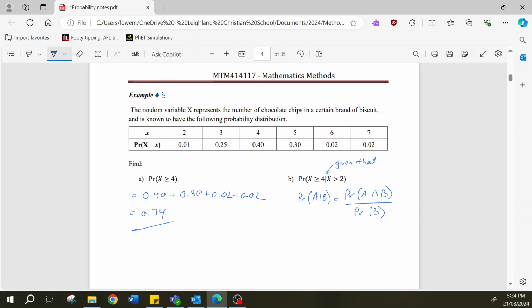So what does it mean when we apply it to this? Essentially, the probability that x is greater than or equal to 4 given that x is greater than 2 means we've got to find the probability that x is greater than or equal to 4 and x is greater than 2, divided by the probability that x is greater than 2.